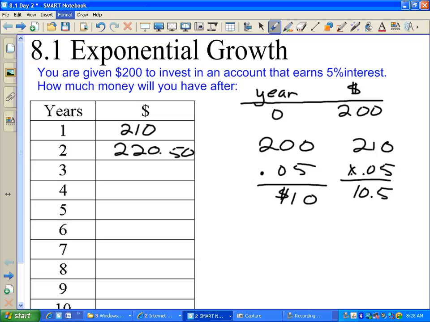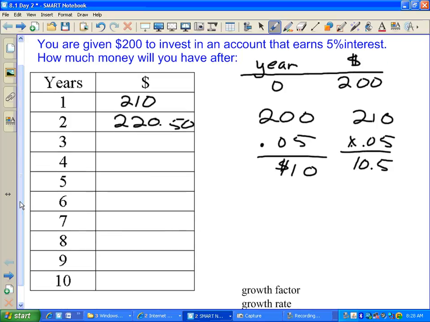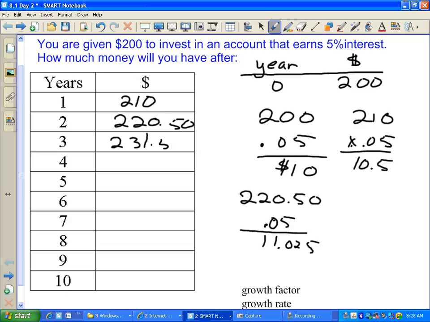I can continue this. After my third year, I can take that 220.50, multiply that by 0.05, which gives me a grand total of $231.53, we'll round up to 53 cents.